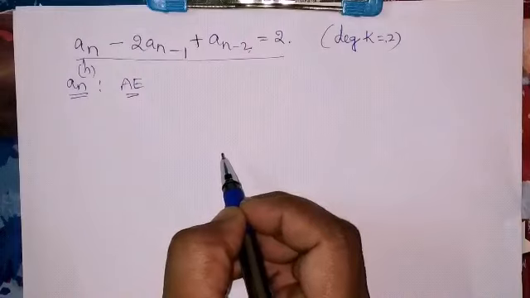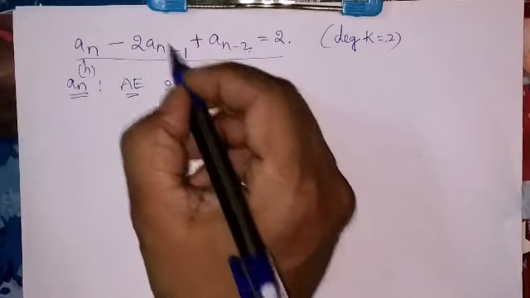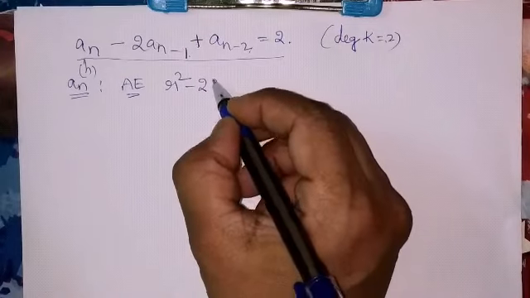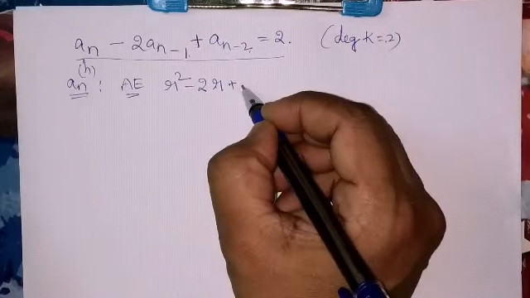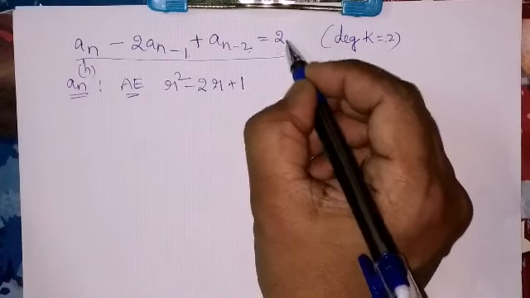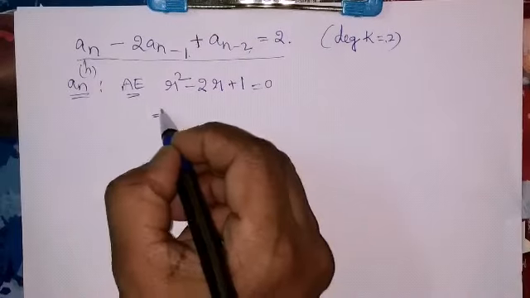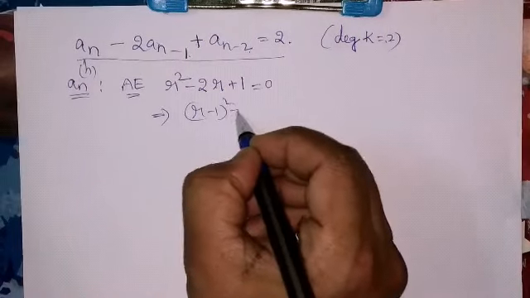The degree is k equal to 2, so a_n is replaced by r square, minus 2 a_(n-1) by r, a_(n-2) by r power 0, which is 1. And we consider the given f of n to be 0. Clearly this is (r minus 1) whole square equal to 0.